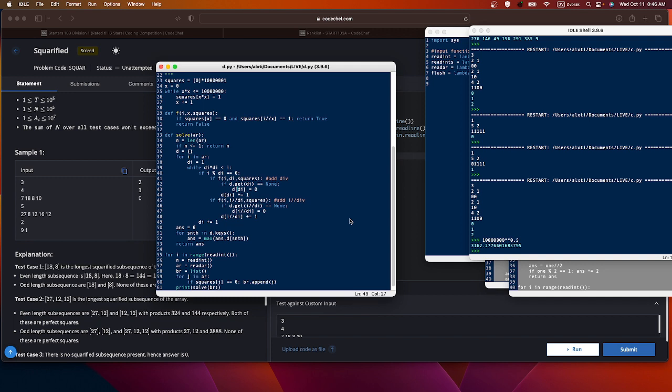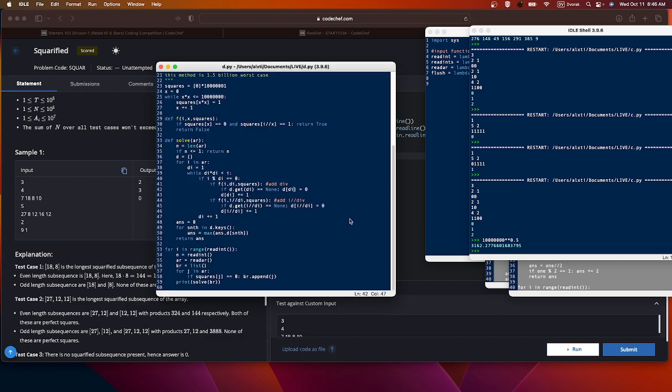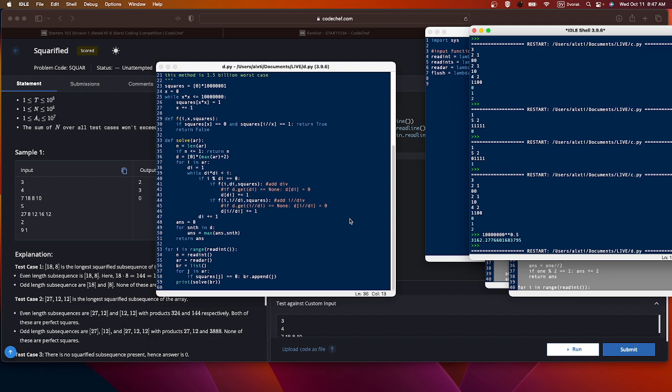What the... I mean, we can always do this as a backup alternate.